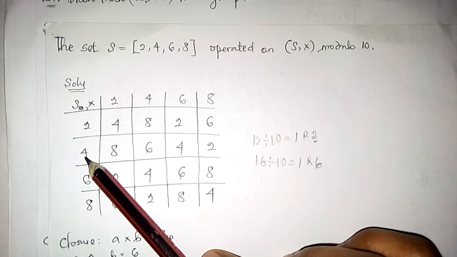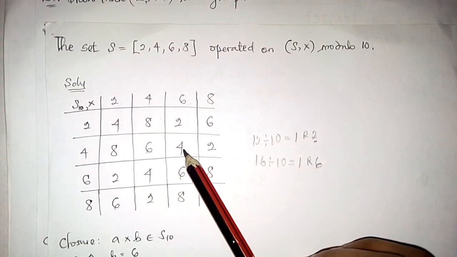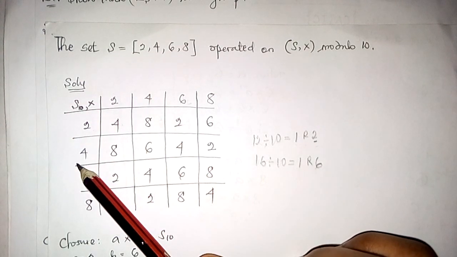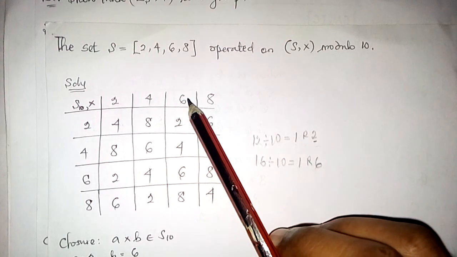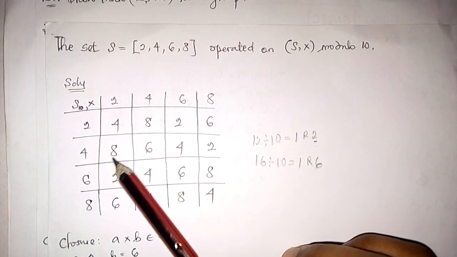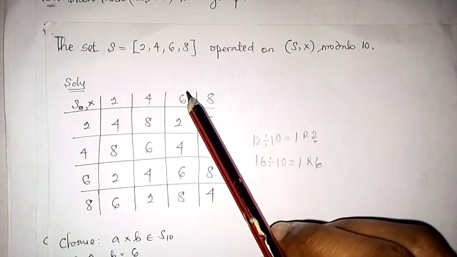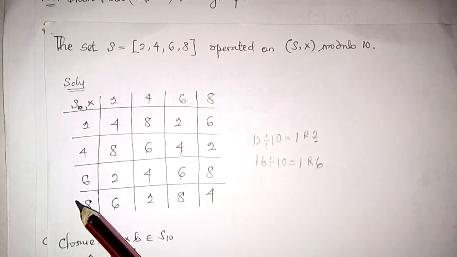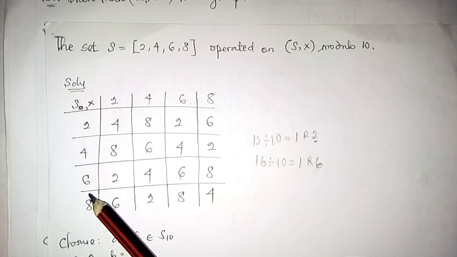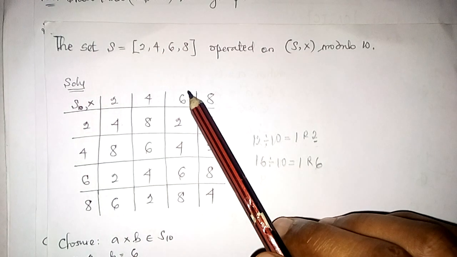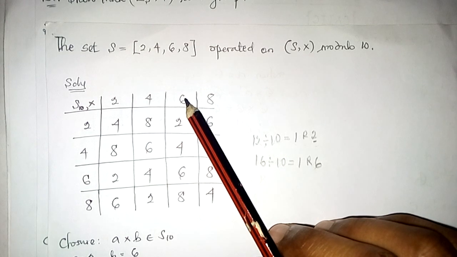Multiplying 4 by 6, we have 4. Meaning that 4 here and 4 here still need 6. We try the same thing. 6 by 6 gives us 6. That's trying to tell you that the unique element here is 6, which is the identity element.